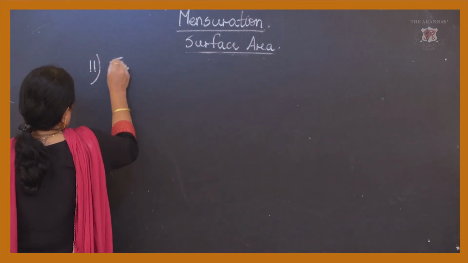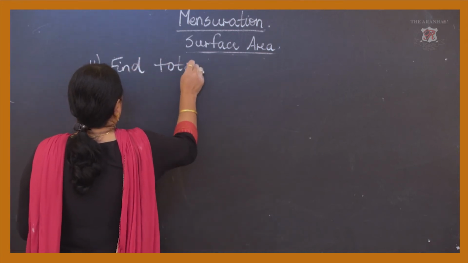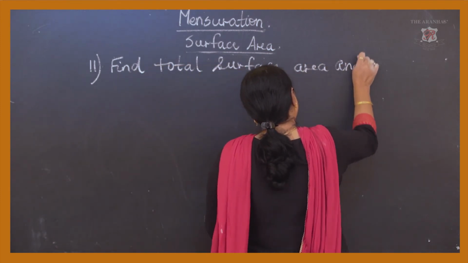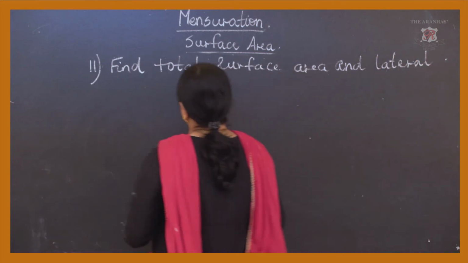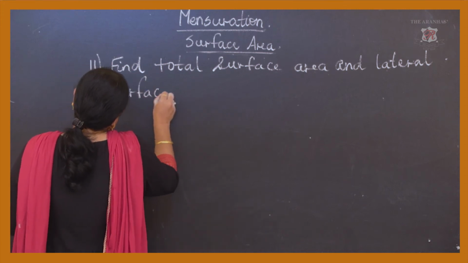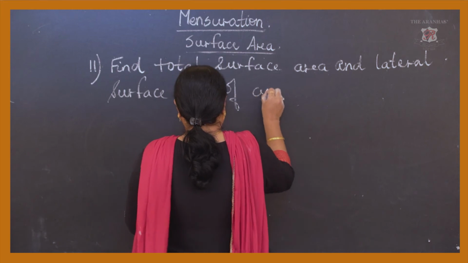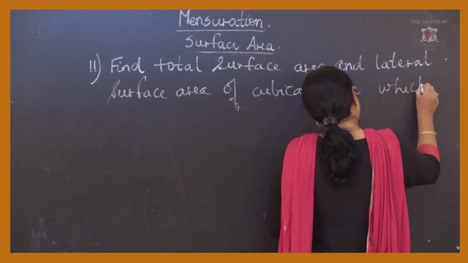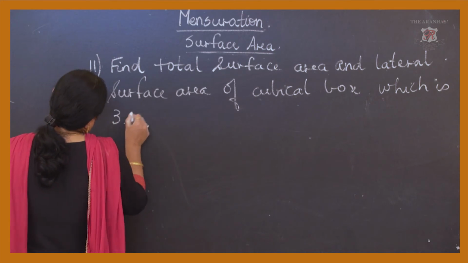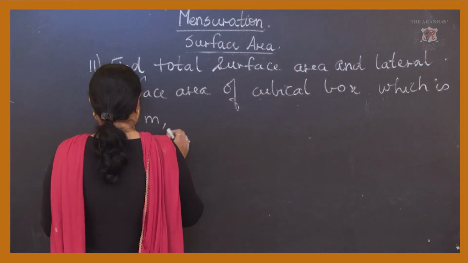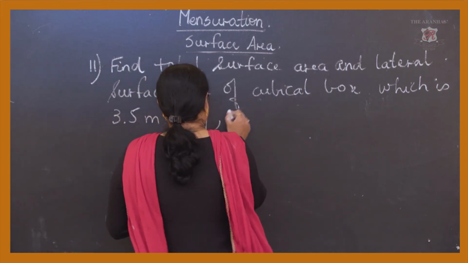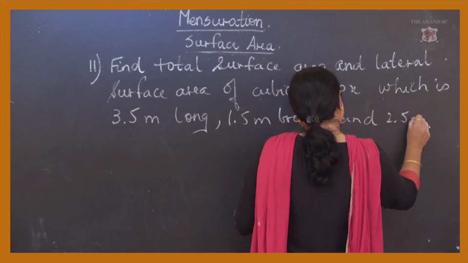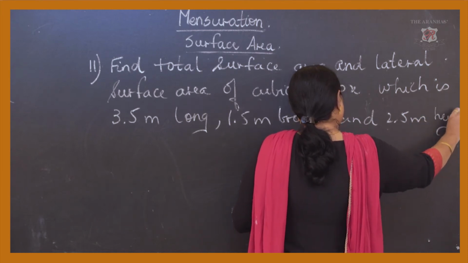Now, you have got the 11th sum. You have to find the total surface area and lateral surface area of a cuboidal box which is 3.5 meter long, 1.5 meter broad and 2.5 meter height.